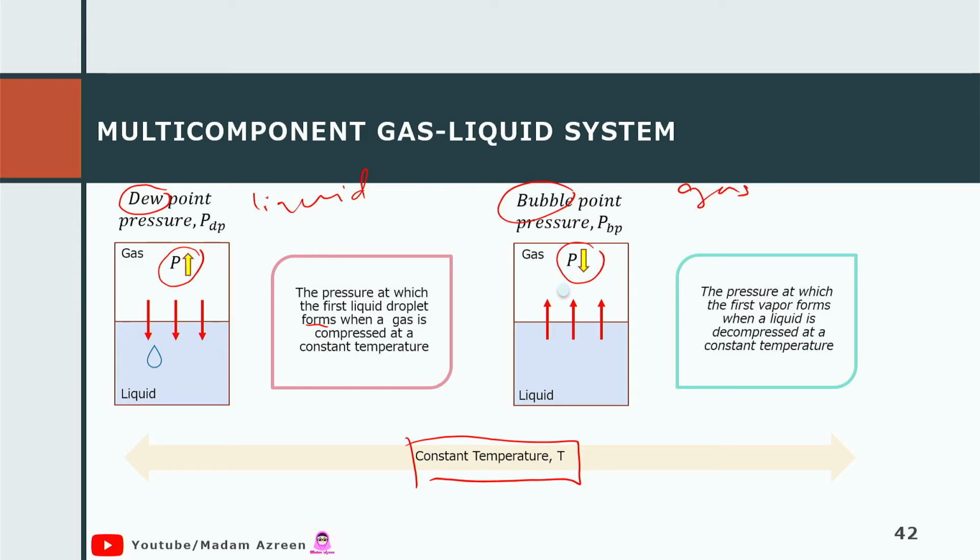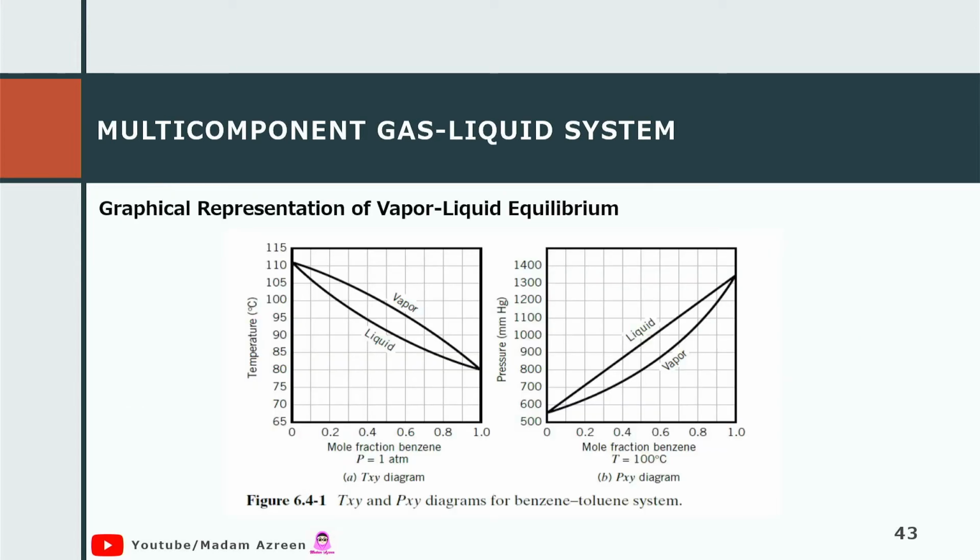A multi-component system can also be represented by a graphical method, which is these two graphs, for benzene and toluene. This is a vapor liquid equilibrium curve when you have benzene and toluene at equilibrium. So this is the diagram.